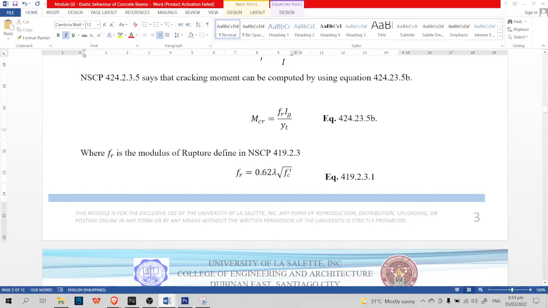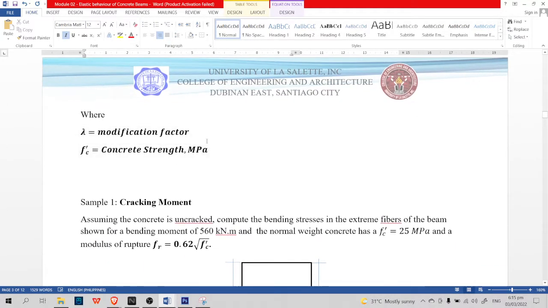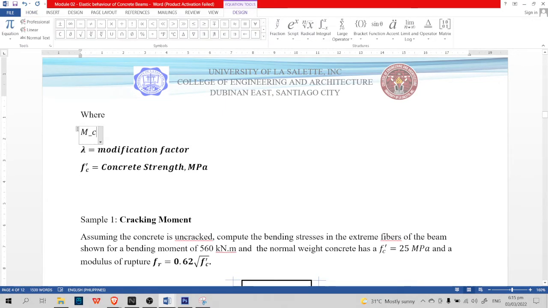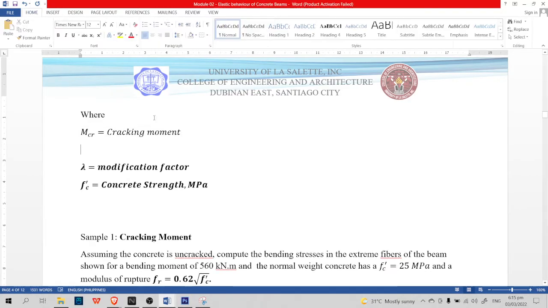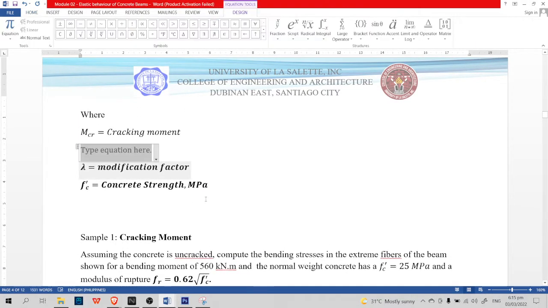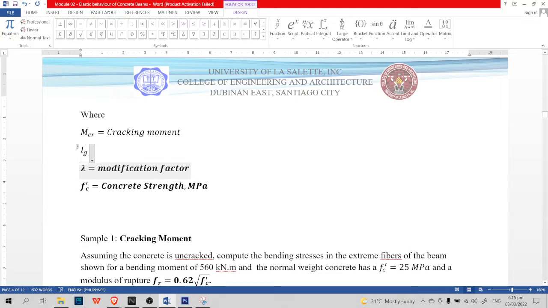Let's compare it to the equation. So, yun lang, pinalitan niya ng mga specific values like MCR, which is, ang ibig sabihin ng MCR, equal to the cracking moment. Then, yung IG, subscript G, is the gross moment of inertia of the section.